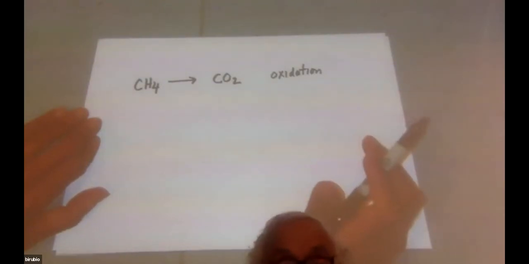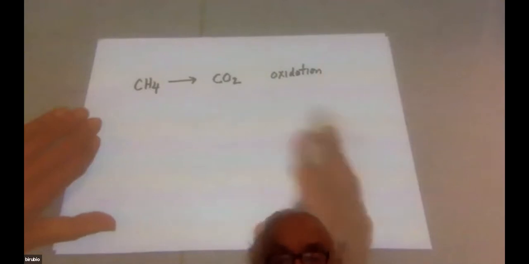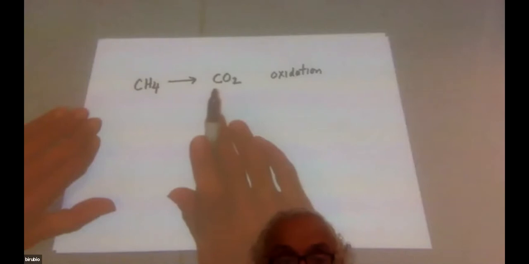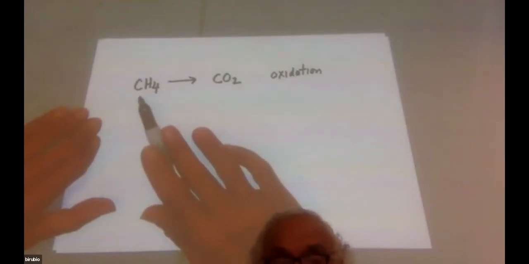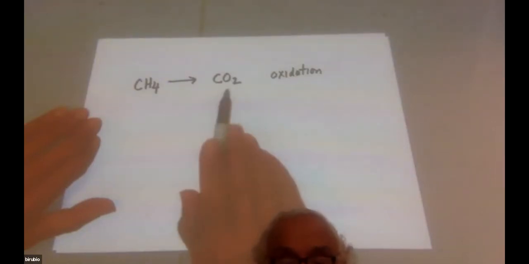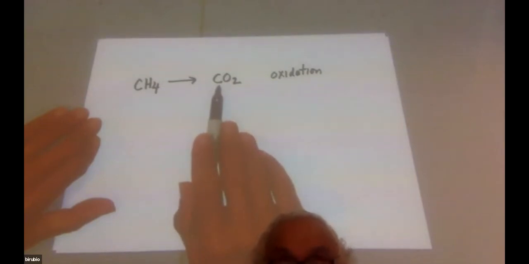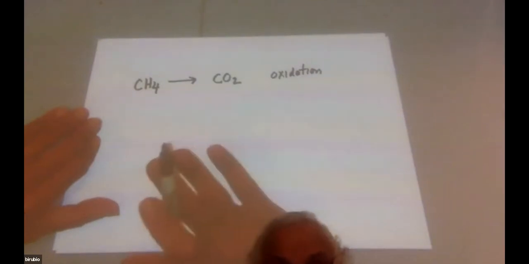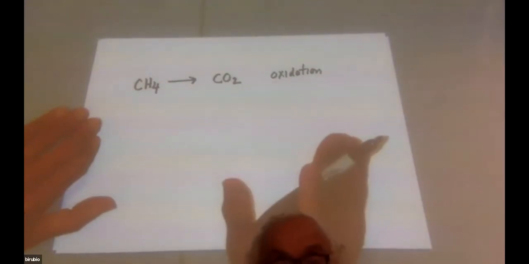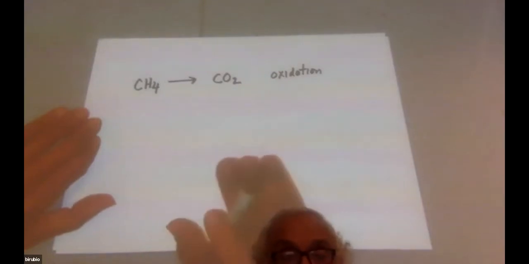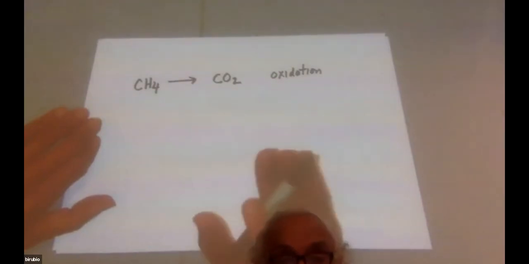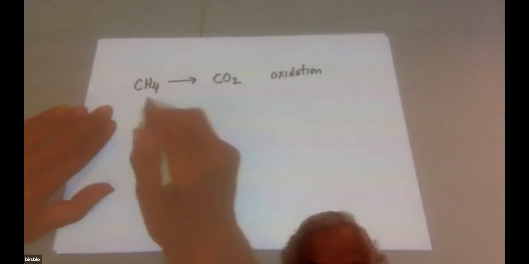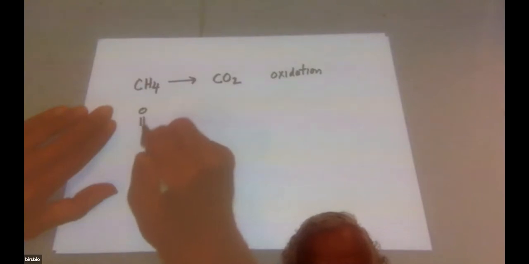If we went through all of the electron bookkeeping, we would see that indeed this carbon atom is losing electrons. This is carbon in the -4 oxidation state. This is carbon in the +4 oxidation state. So it has lost 8 electrons. That's an oxidation. But what we're really looking for is an increase in the number of bonds to oxygen. Okay, so something like this.